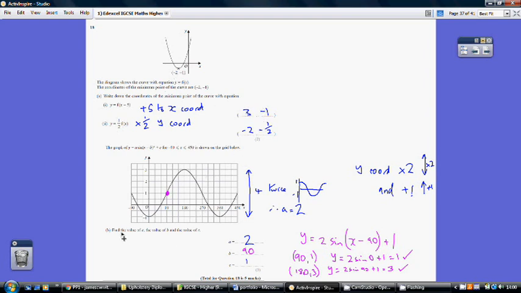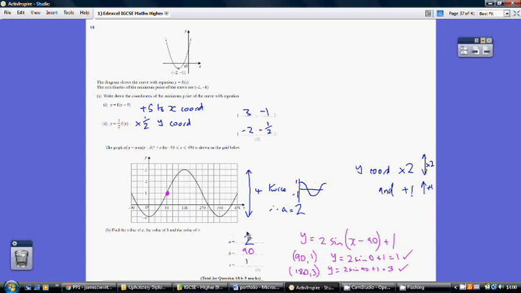Now for part B, the first thing to note is that the height of our wave is now going all the way from -1 to +3. So that is a height in total of 4 compared to the normal sine curve, which goes between 1 and -1. So we're stretching in the y direction by times 2.